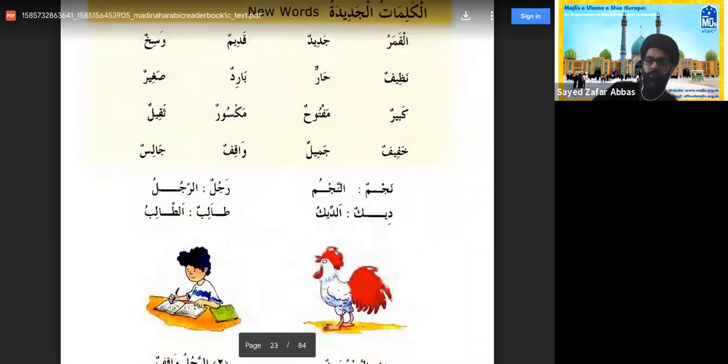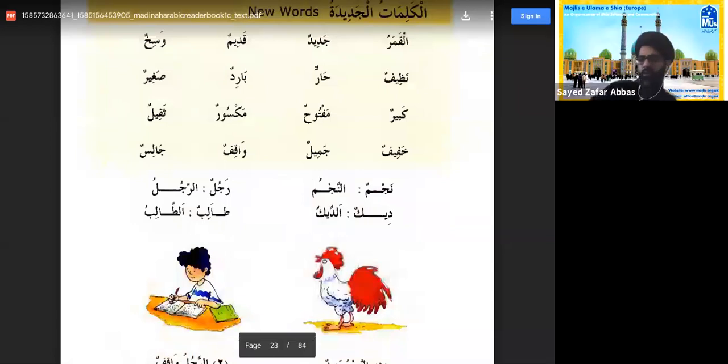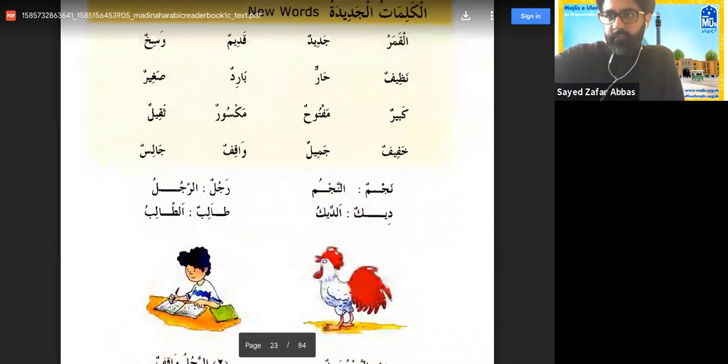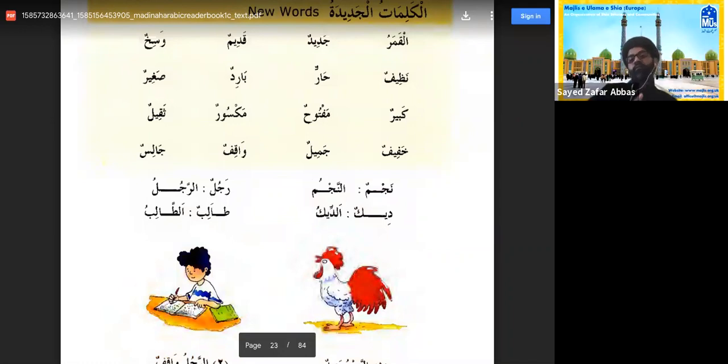Here are the new words that we learned in this lesson. We have Al-Qamar, the moon, which is a new word that we learned. Jadid, new. Qadim, old. Wasikh, dirty.